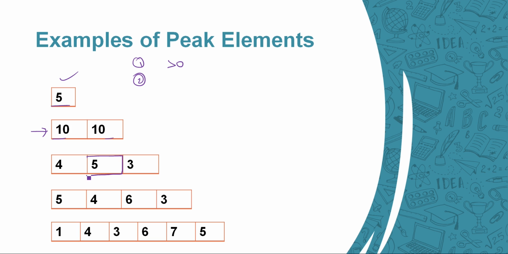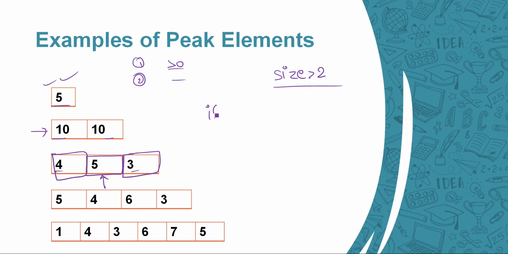For these middle elements, the first condition is that the size should be greater than 2, right? Only then it can have a middle element which has two neighbors, 4 and 3 in this case. As we already have checked the size of 1, now we can check that the size should be greater than 2. Now after considering the leftmost and rightmost element, we will come to this middle element.